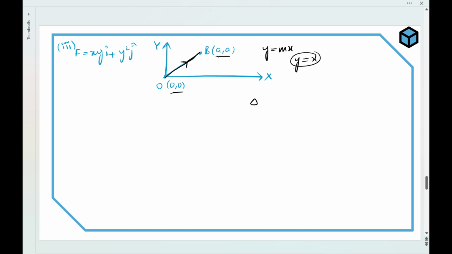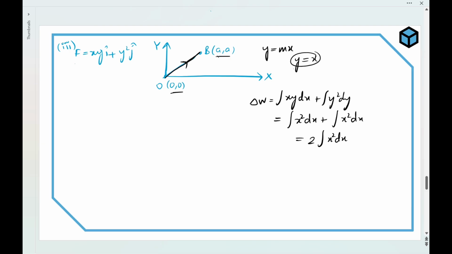So now delta W would be equal to the integral of xy dx plus y square dy, which is nothing but fx dx plus fy dy. Since x equals y, convert all y into x, that would be x square dx plus x square dx. So this would be 2 times the integral of x square dx, which is 2 times x cube by 3, going from 0 to a. So it's nothing but 2a cube by 3.